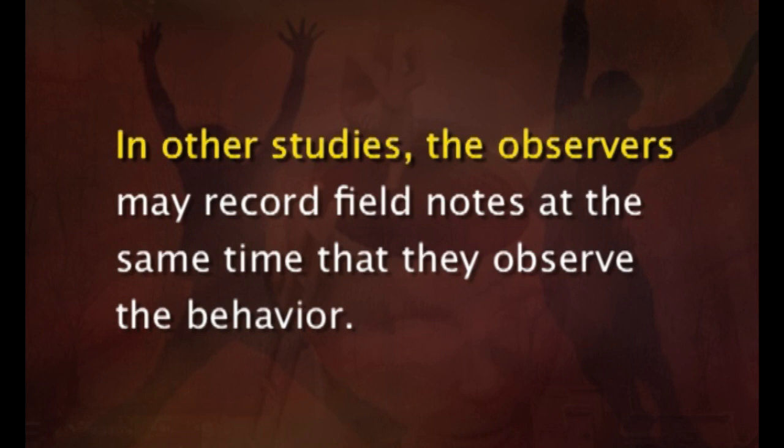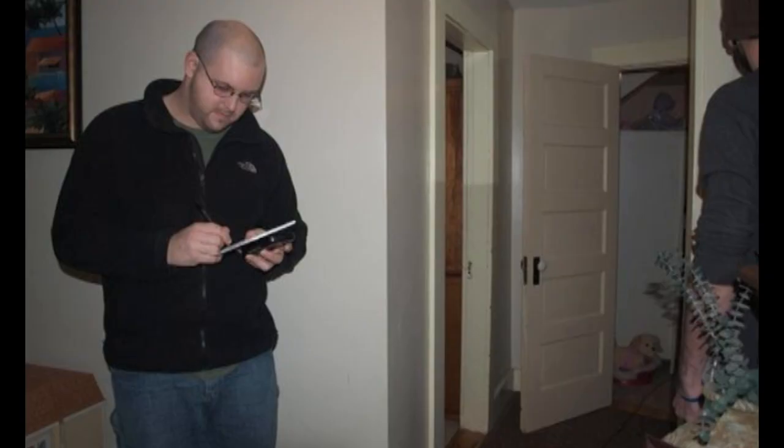In other studies, the observers may record field notes at the same time that they observe the behavior. For instance, in research on police-citizen encounters, trained observers coded the interaction as it occurred. Although taking notes in this manner could be potentially intrusive, it permits more details to be recorded and minimizes any distortion by selective memory on the part of the investigator.